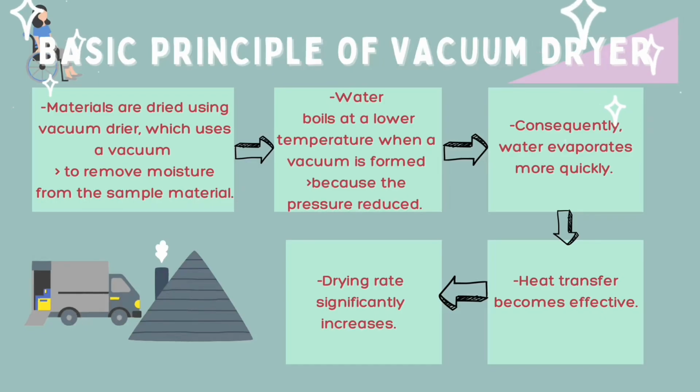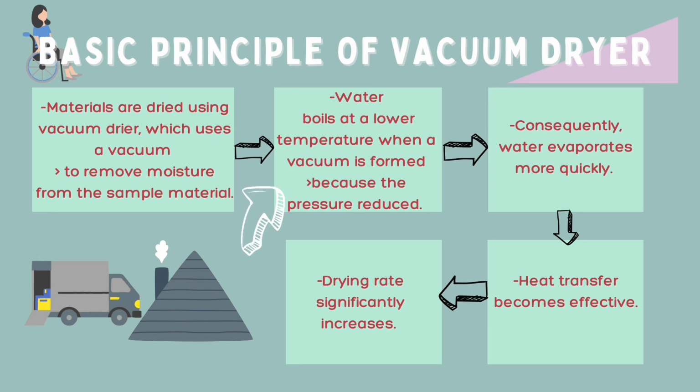Next, we will be exploring the basic principles of vacuum drying equipment. Understanding this foundational concept is key to building a deeper knowledge and a solid grasp of how this subject applies to industry. First and foremost, the materials are dried using a vacuum dryer, which uses a vacuum in order to remove the moisture from the sample material.